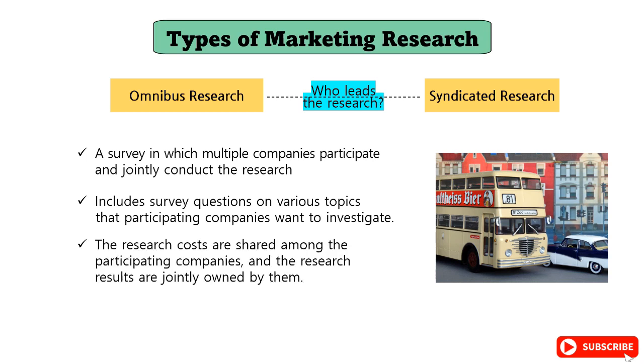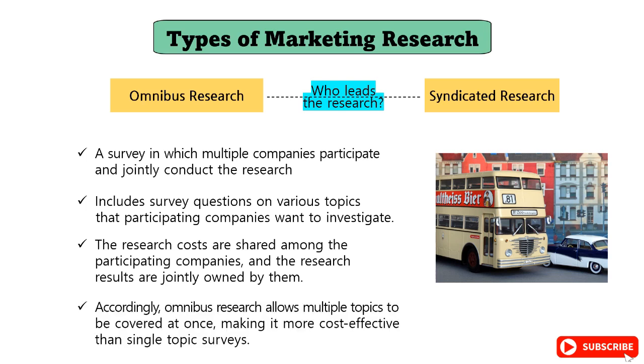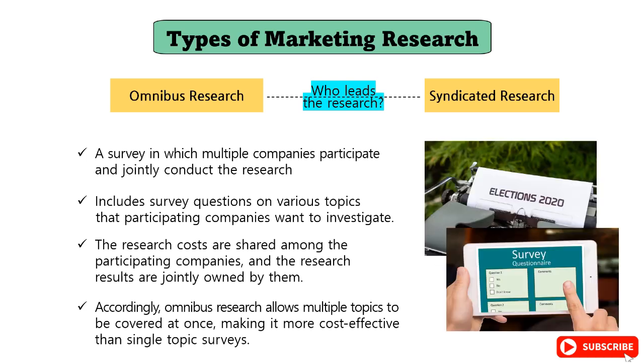The research costs are shared among the participating companies, and the research results are jointly owned by them. Accordingly, omnibus research allows multiple topics to be covered at once, making it more cost-effective than single-topic surveys. For example, during a presidential election, multiple companies participate in a joint public opinion survey, which would be considered omnibus research.